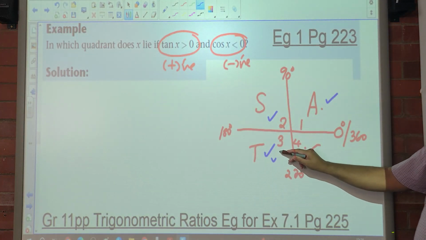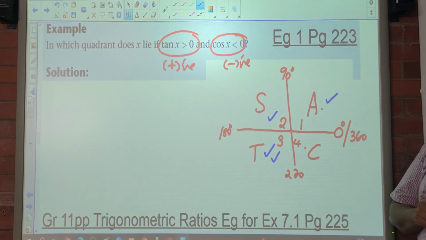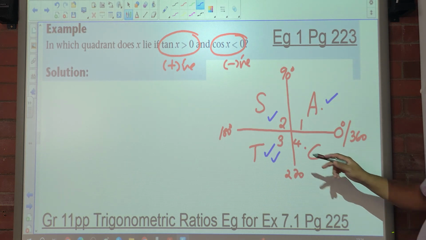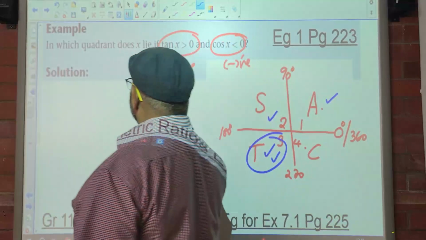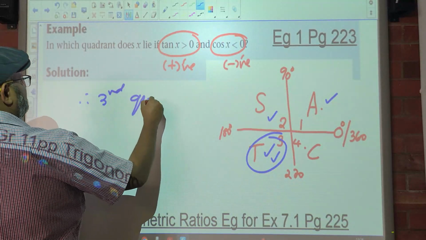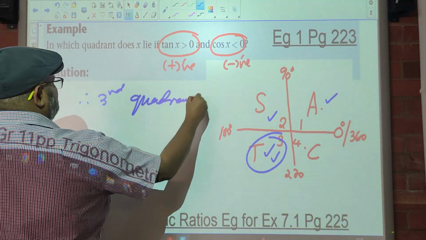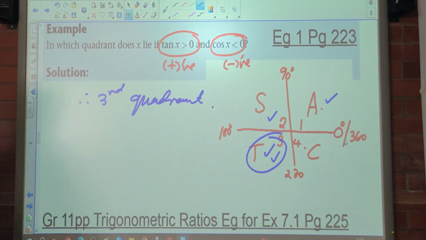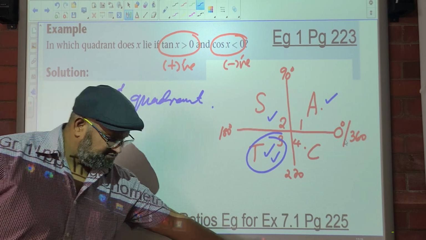Quadrant 2 and 3. So in which quadrant do you think it's going to be drawn? So therefore, the third quadrant. Okay. See any confusion at this point? No.